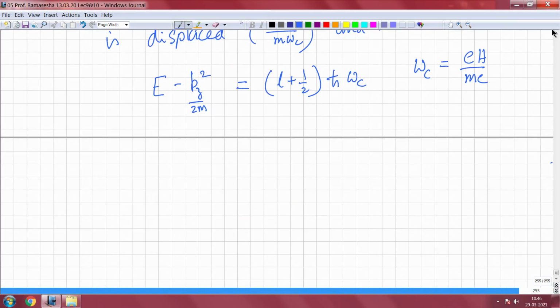Having done this, the next thing we want to do is find out what happens when you are actually doing this analysis in K space. To do the analysis in K space, we look at the following picture.